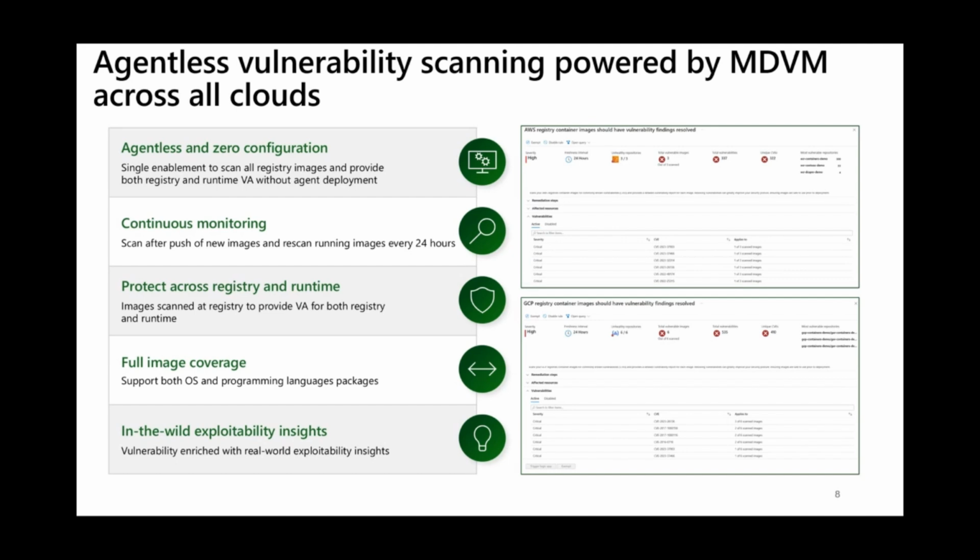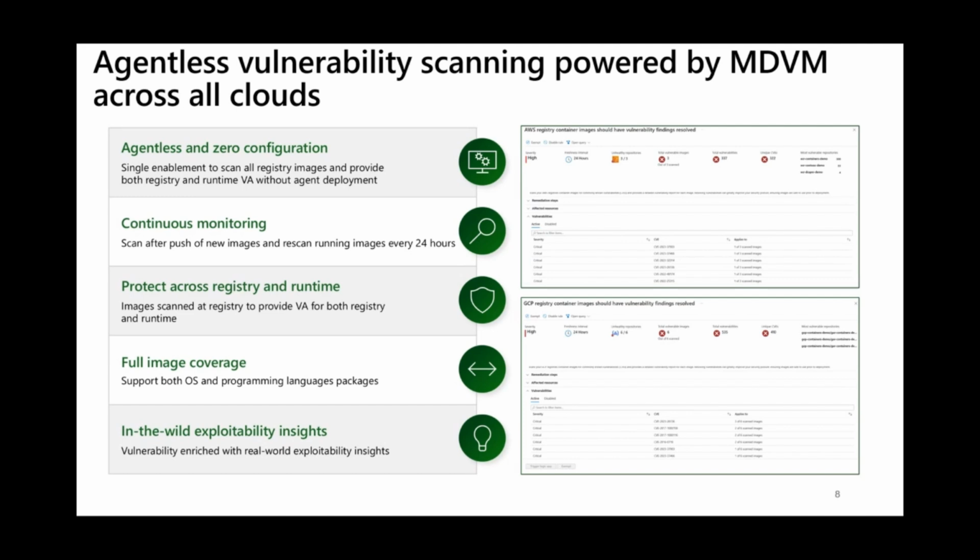So you simply have to enable the Defender for Containers or the Defender Cloud Security Posture Management Plan to get access to the vulnerability scanning. And we're also able to provide scanning for images that are stored in the registry, as well as images that are running on your Azure Kubernetes Service clusters, your Elastic Kubernetes Service clusters, and your Google Kubernetes Engines as well.